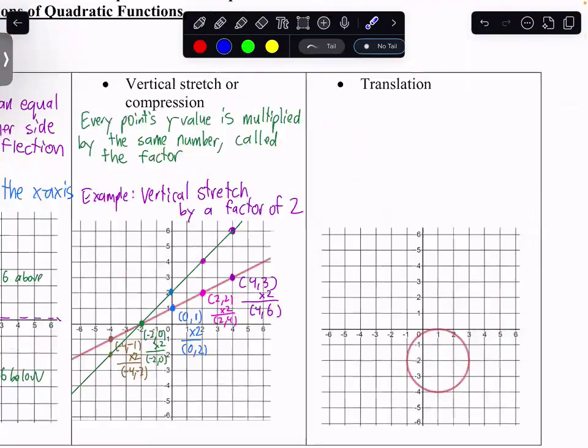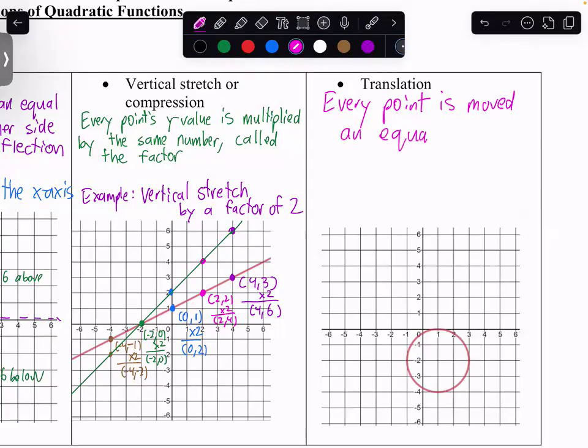Okay, and then the last one we're going to talk about is called translation. So with a translation, there's no multiplying. Every point is moved an equal distance. Exactly.